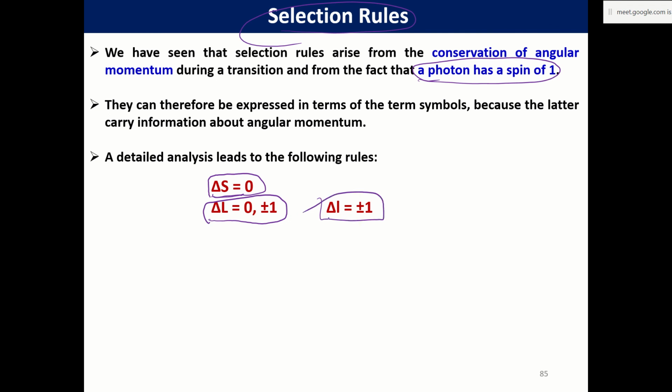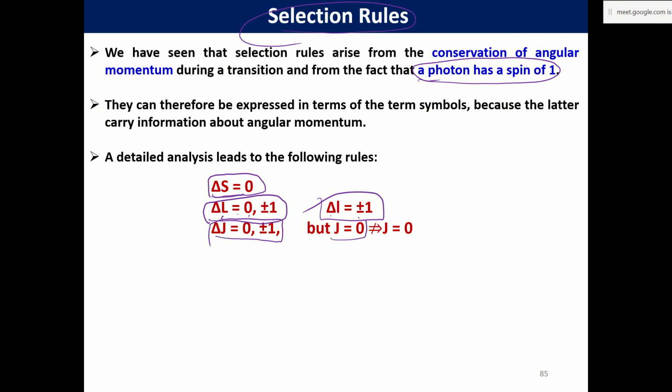At the same time, small delta l: for the overall summation, capital L can change by 0 or plus minus 1, but for an individual electron, delta l must be plus minus 1. And delta J can change by 0 or plus minus 1.